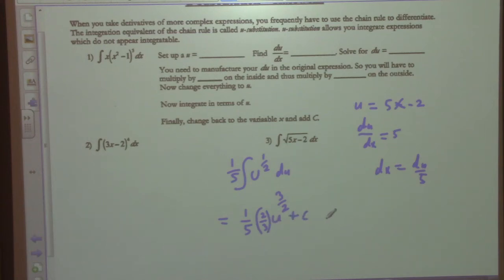Is that right? Which is equal to 2/15 times, I'm getting 2/15, times 5x minus 2 to the 3 over 2 power plus c. And then the last thing you said, Hannah, was you substitute back in, which is 5x minus 2. Yeah. All right, very good.